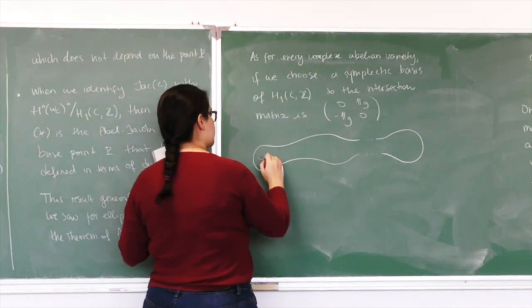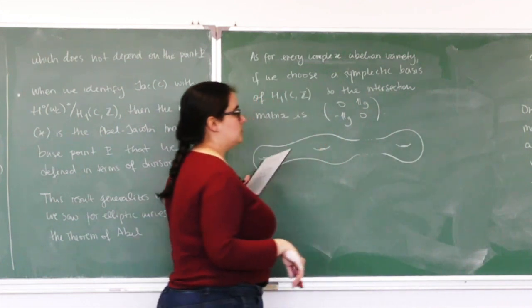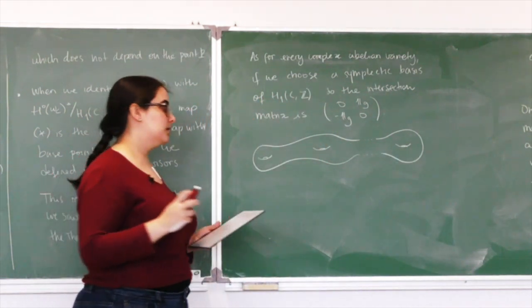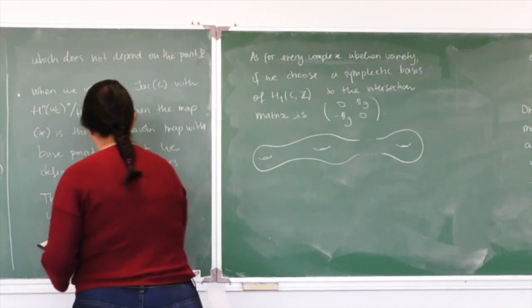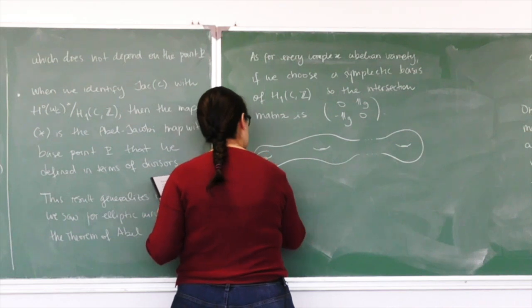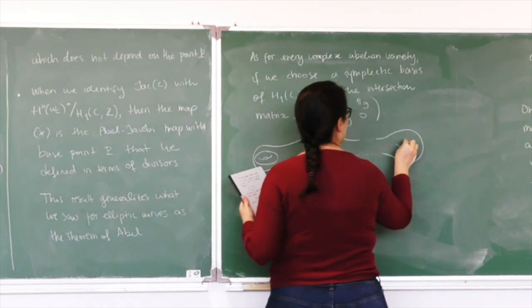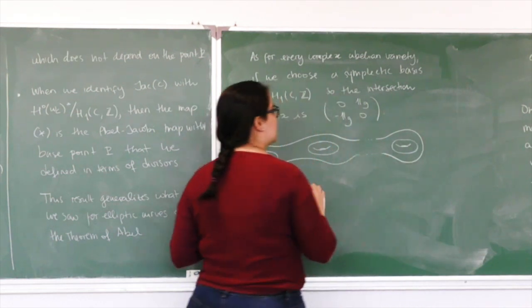So this is the Riemann surface associated to a genus G curve. And in here we can just take some paths, because we have a genus G curve.